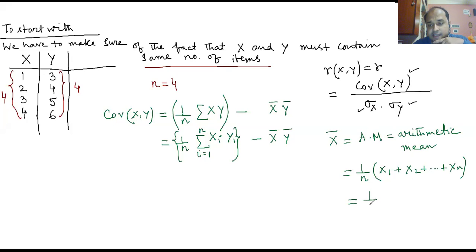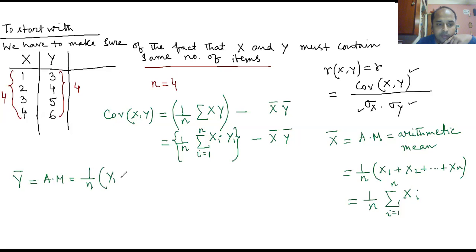In short, it is written as 1 by n, summation i goes from 1 to n of xi. Similarly, the arithmetic mean of the variable y is written as 1 by n, y1 plus y2 plus dot dot dot plus yn, which I'm going to write in a shorter way as 1 by n, summation i goes from 1 to n of yi.